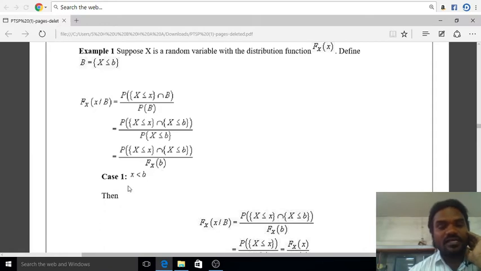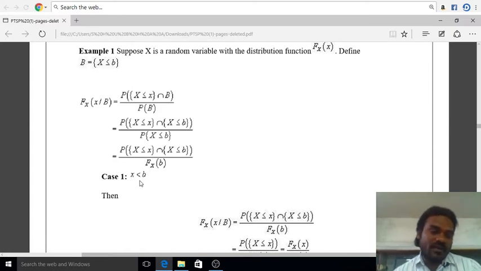Then we go with two cases: x less than b, or x greater than or equal to b. With these two cases we can cover x from minus infinity to plus infinity. The first case is x less than b, and the second case is x greater than or equal to b.